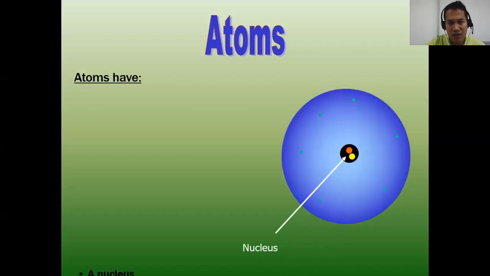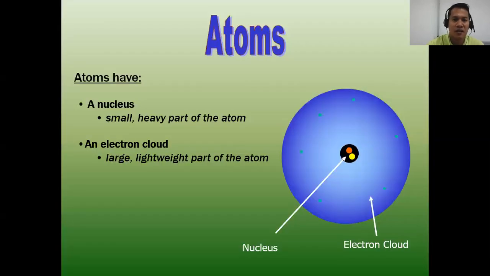So let's talk about the atom first. Atoms have a nucleus. All right, so in this picture, you can see the black is the nucleus. And what's inside the nucleus? The nucleus contains the protons and the neutrons, the small, heavy parts of an atom.